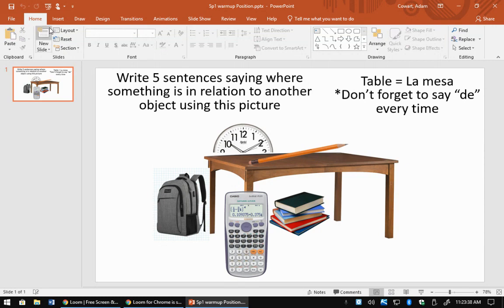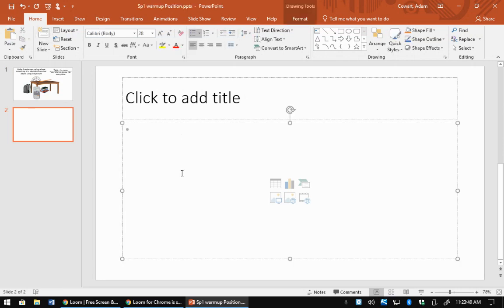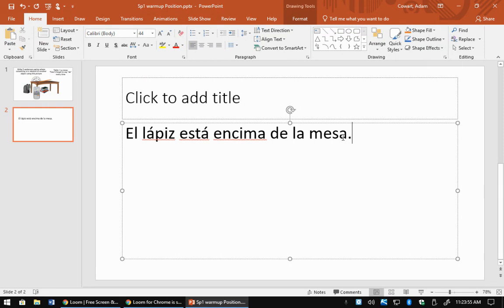Okay, so let's just type here. So some things you could have said. You could have said, el lápiz está encima de la mesa, which means the pencil is on top of the table. Let's say the clock is behind the table. El reloj está detrás de la mesa.